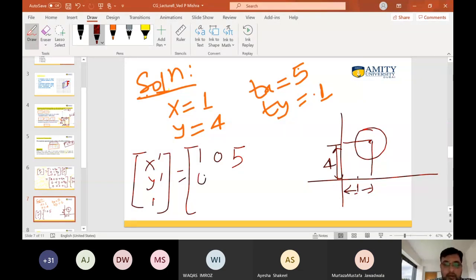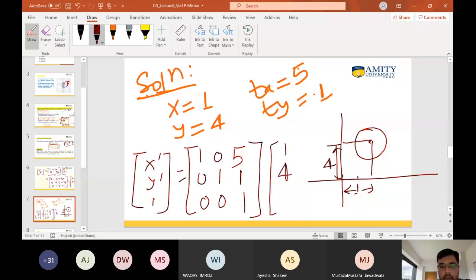Then 0 1 1, 0 0 1. And what is this? x is 1, y is 4, and this is 1. So you can multiply and get the answer.